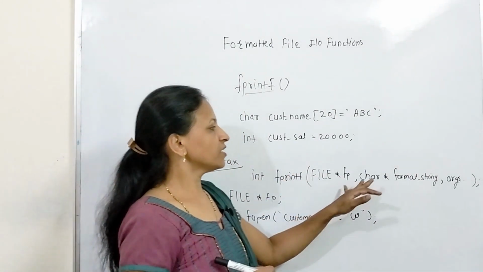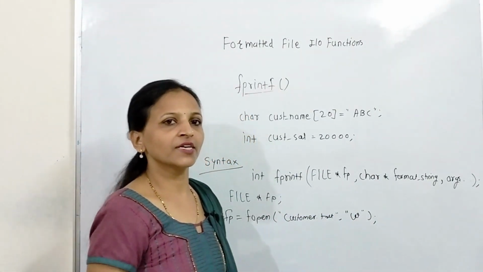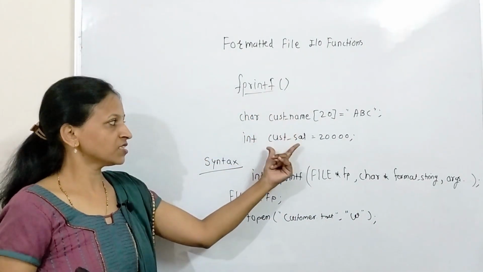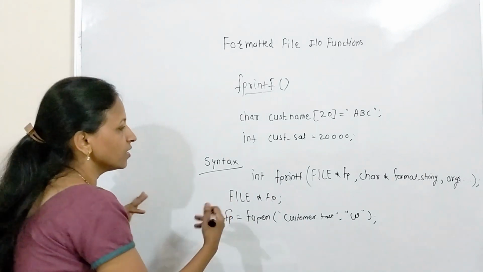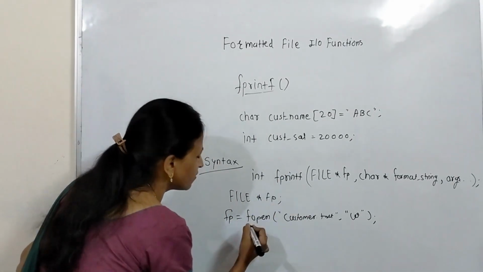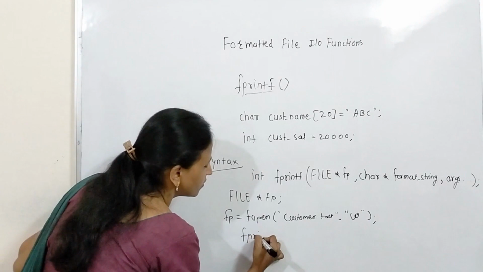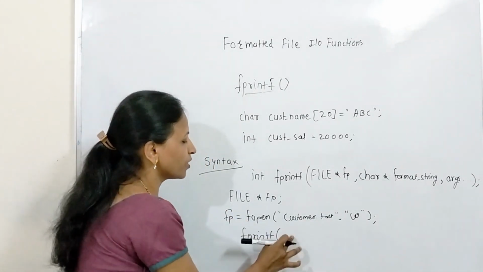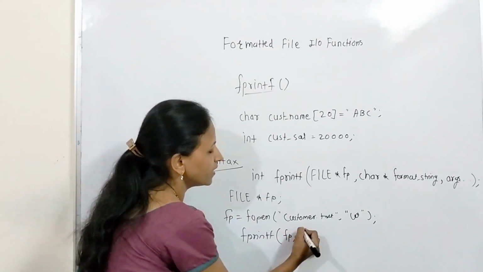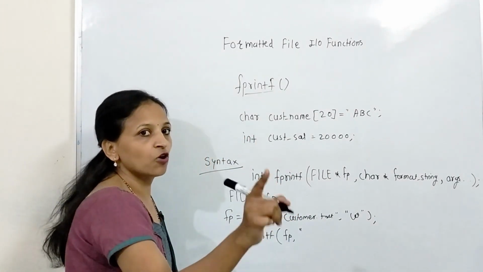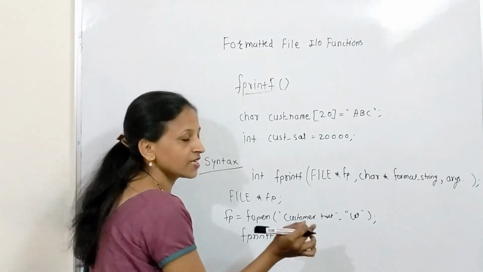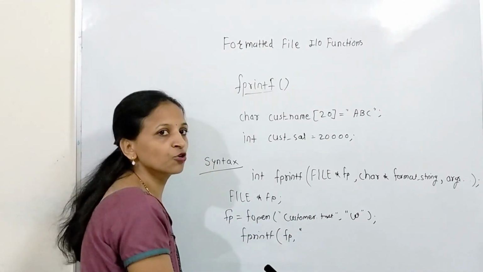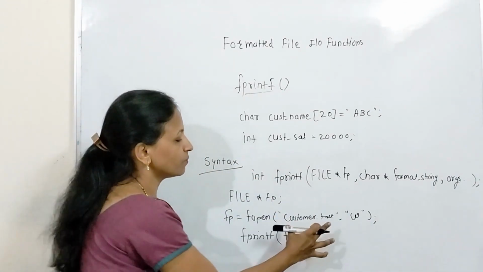Now we have to write contents to the file in a formatted manner, because I want to write this name and salary. How can we use that fprintf function in this way? Fprintf, then we have to pass the file pointer first, that is fp here. The next, format string or control string, we have to pass as the second argument, that is a string argument. Always it is in double quotes.